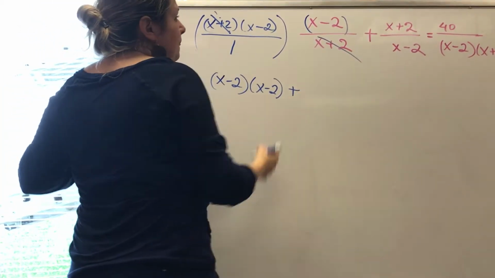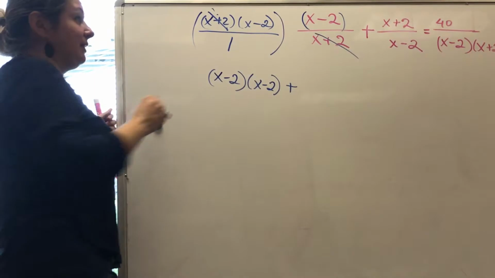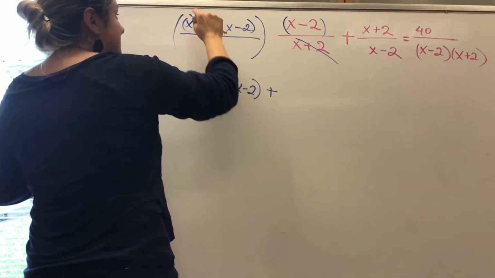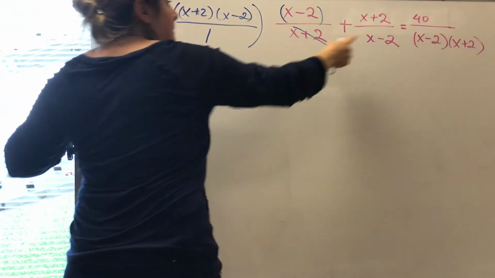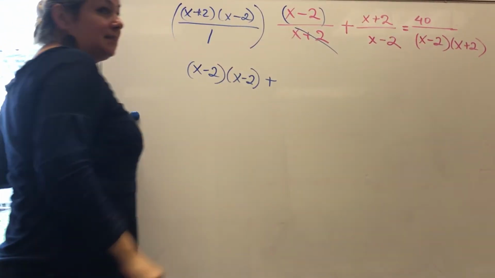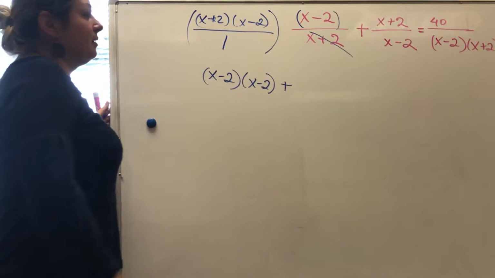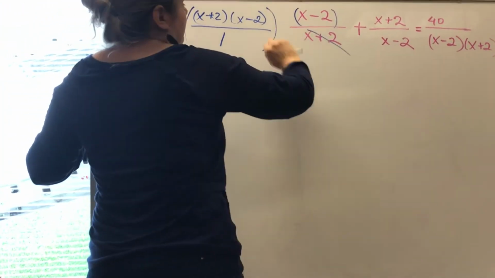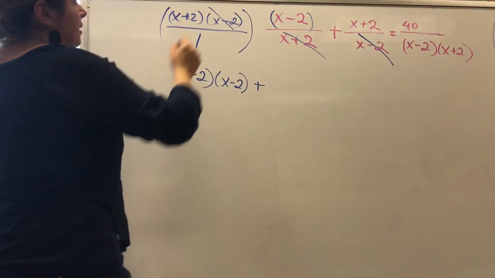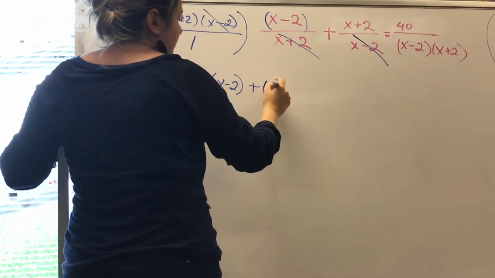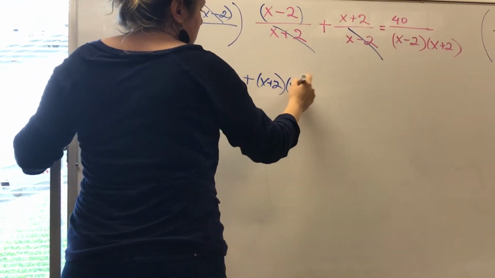Now you are multiplying the same thing with an existing x plus 2. This by that. It still exists, it didn't go anywhere. So I will reduce x minus 2, x minus 2, to be x, and I'll have plus x plus 2, x plus 2. Good.